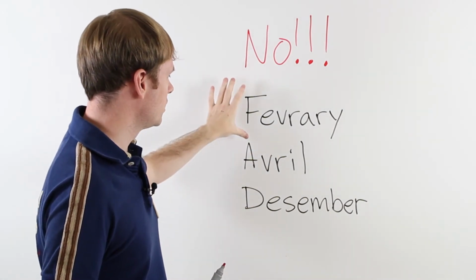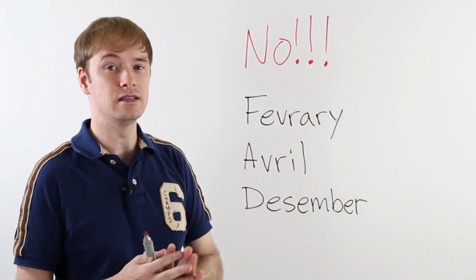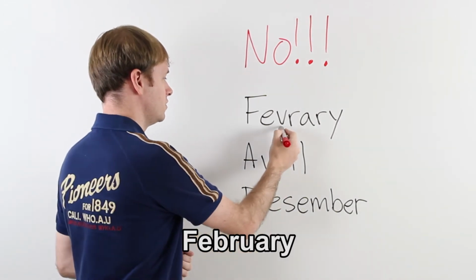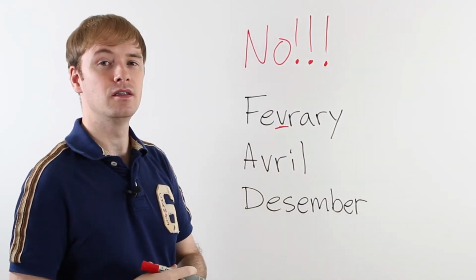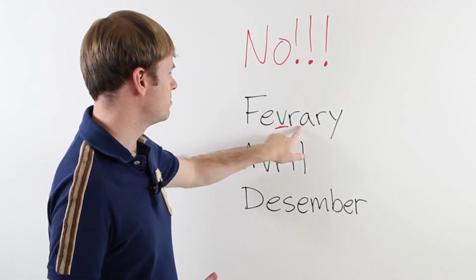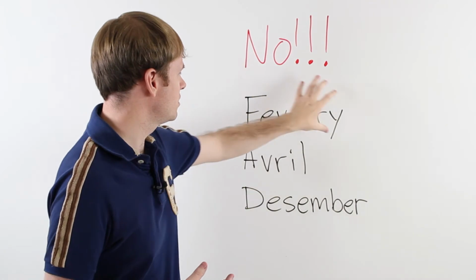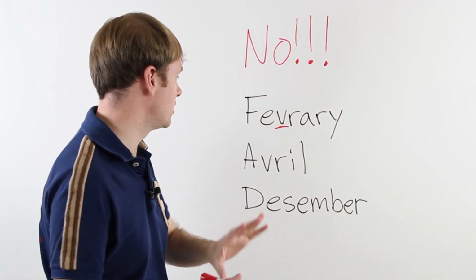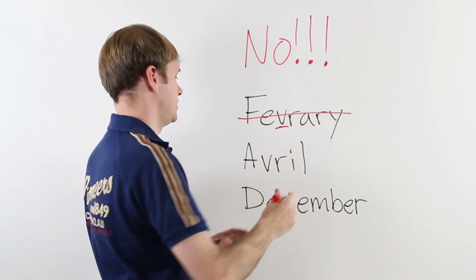The first one, we can guess this month is February, but the students are confused with the V and the B. They're also missing a U. So there's lots of mistakes with spelling February. Be careful.